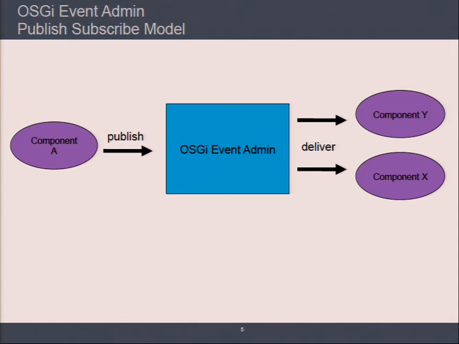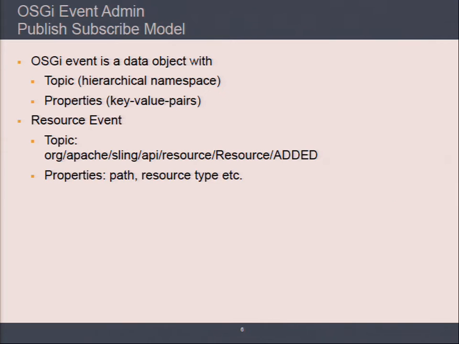This is a pretty old specification in OSGi, which simply describes a publish-subscribe model for eventing. So a component can publish an event through the event admin, and interested handlers or listeners receive this event, depending on what they are interested in. And such an event is a simple data object which has a topic and a payload. The payload is a key value map of any data related to this event.